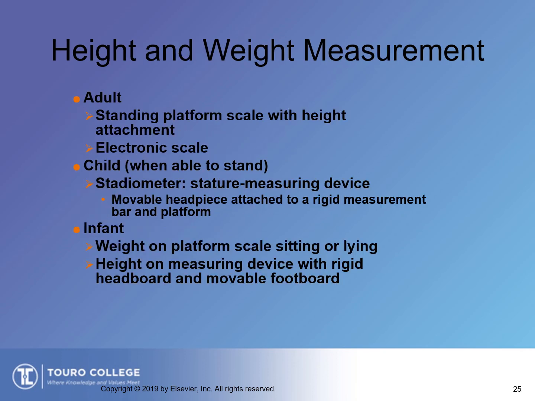With height and weight measurements, adults stand on a platform scale; we usually use electronic scales. I don't see the old ones being used anywhere. And a child, when they're able to stand, I'll measure them there. But we also have platform scales and tape measures in the event that we need to assess height and weight that way.